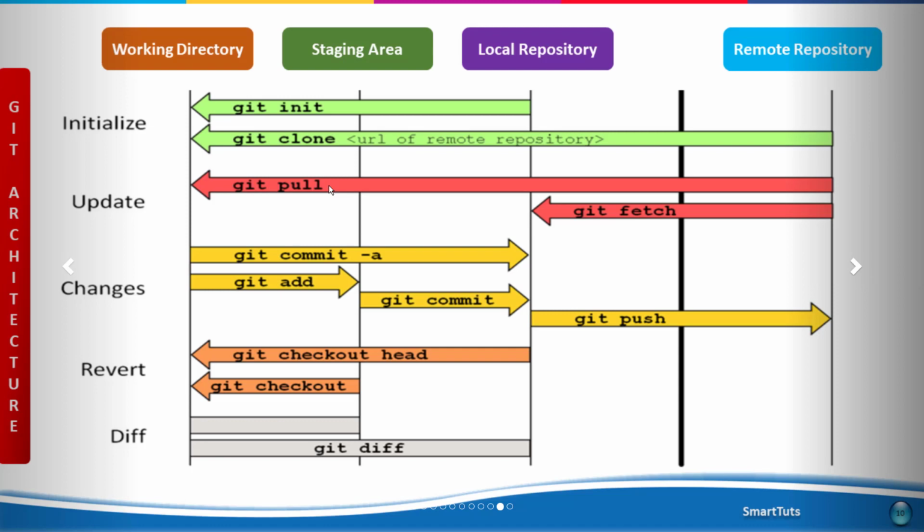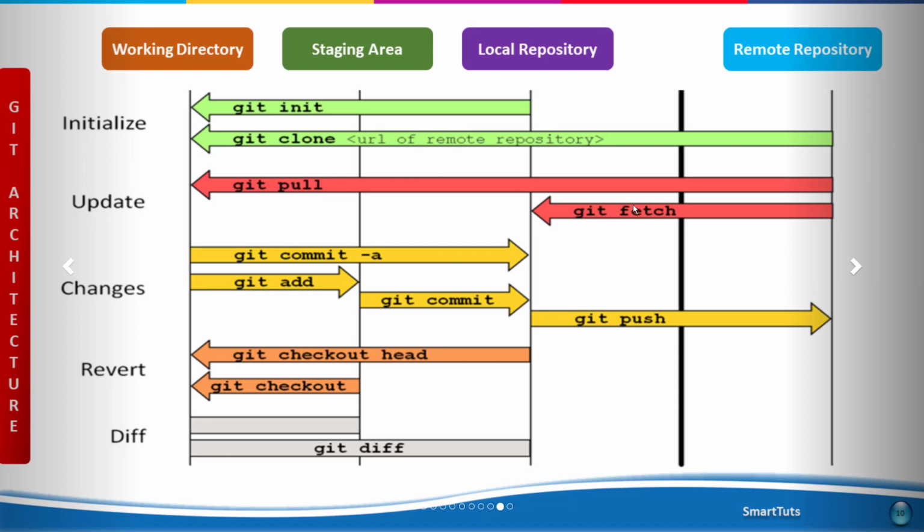Means you have some files, and you want all the files of your remote repository to come to your directory. That is where you will use git pull. This will only pull the files which are not present inside your folder but present inside the cloud. Okay, git fetch is the same.